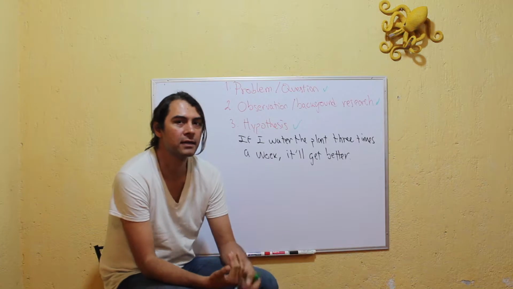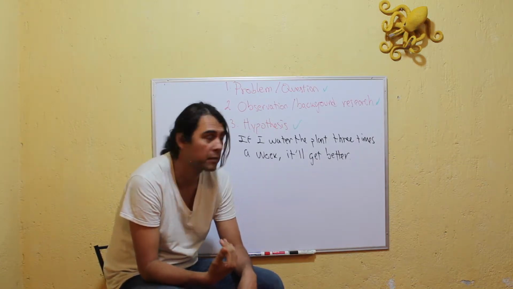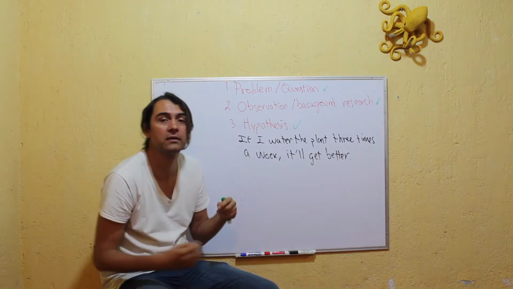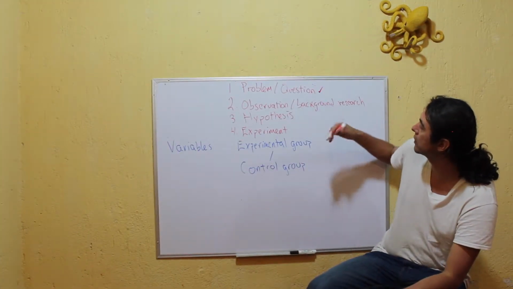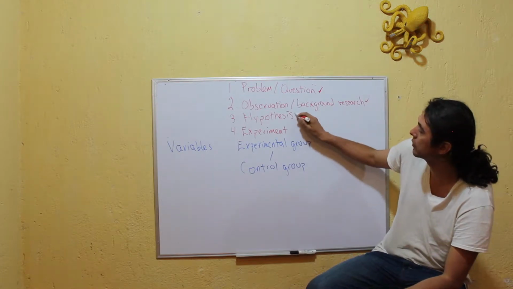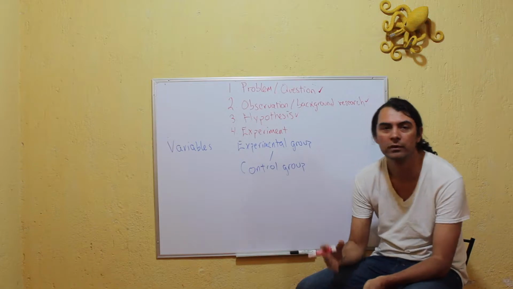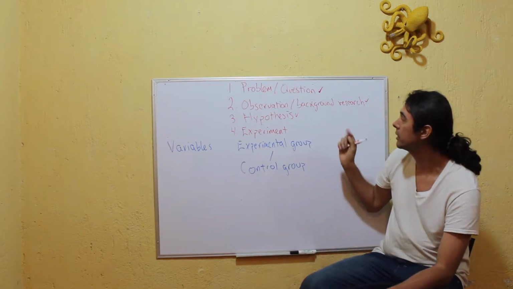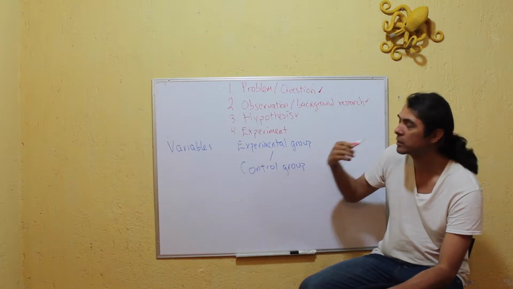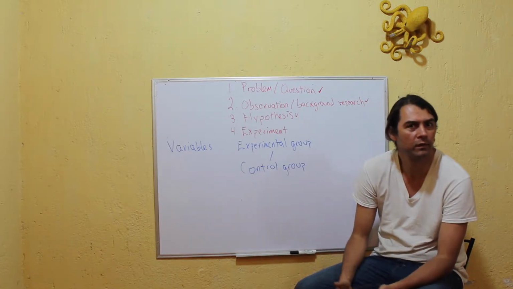I really can't tell, but I know that I gotta reduce the amount of water. I'm gonna choose these and see if I get lucky. Good, so we have our problem in question, we've done our observation, and then we came up with a hypothesis, which was, if I reduce the amount of water, if I water my plant just 3 times a week, it's gonna get better, alright? Well, what comes next is to prove that hypothesis, to prove it right or to prove it wrong.